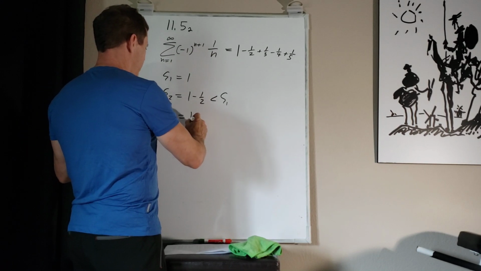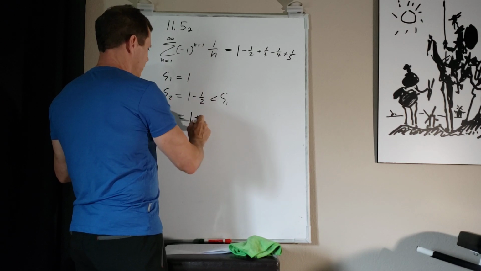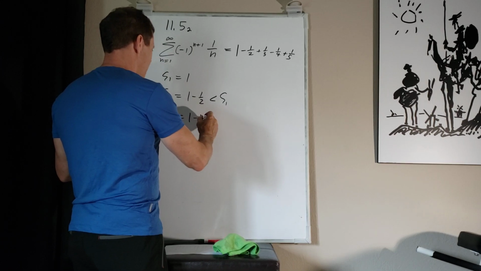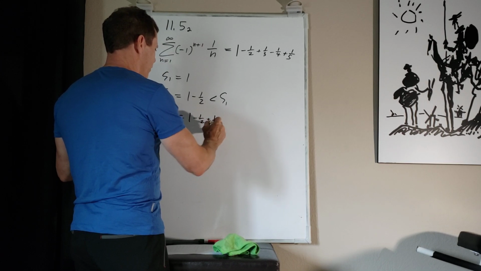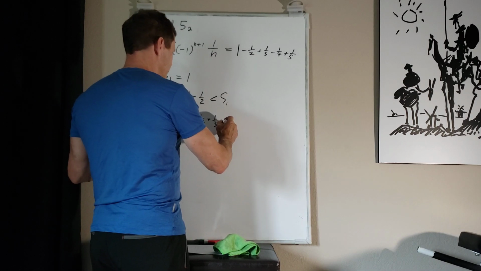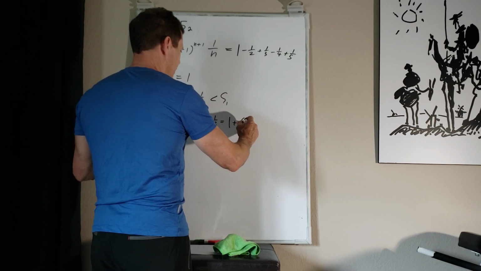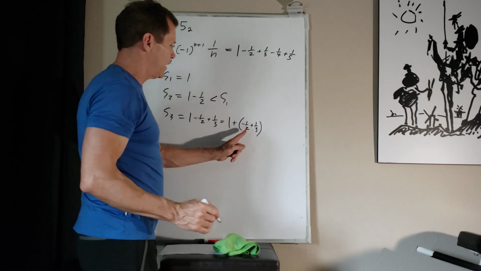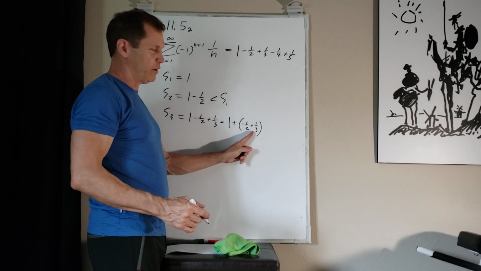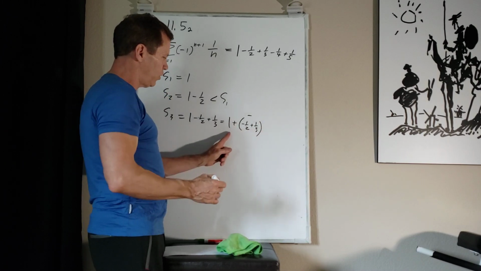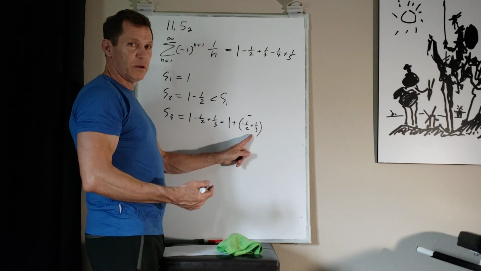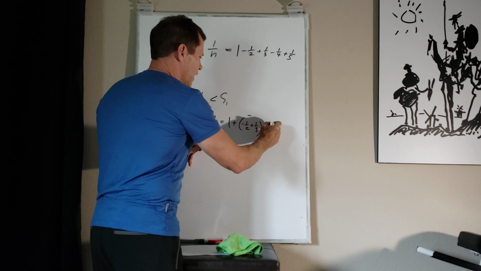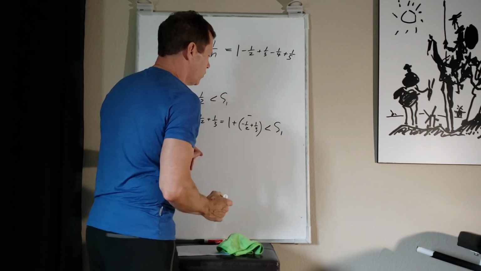S3 is 1 minus a half plus 1/3, which is the same thing as 1 plus a minus 1/2 plus 1/3. What's the sign of minus 1/2 plus a third? The 1/2 is bigger than a third, so this is negative. That's 1 minus a number, so it's smaller than 1. But 1 was S1, so this is less than S1.